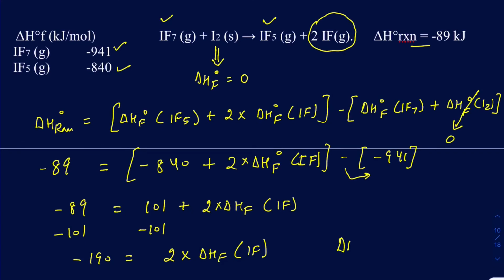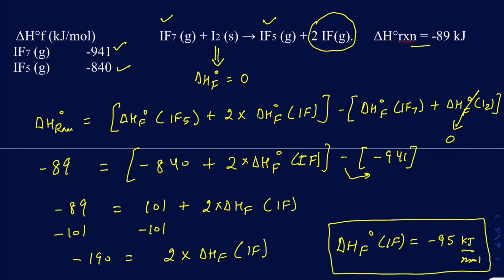When you divide both sides by 2, you will get the delta H formation for the IF to be 95 kilojoules, negative 95 rather, per mole.